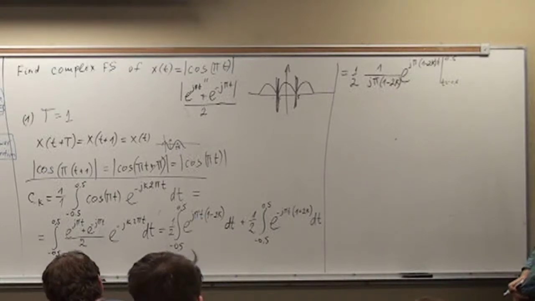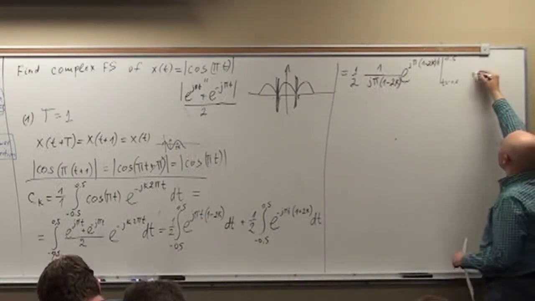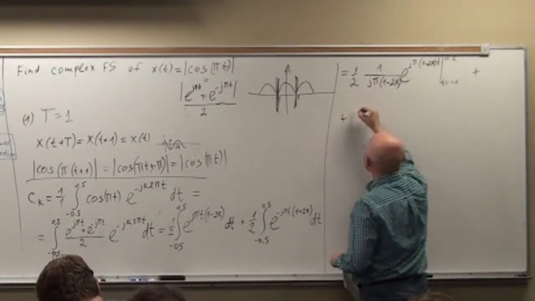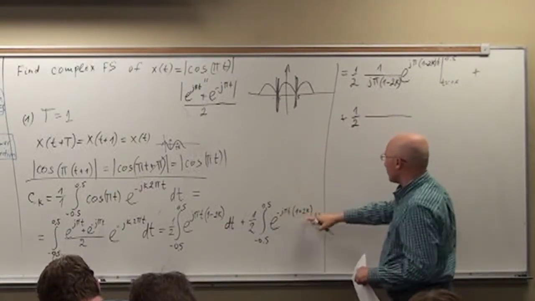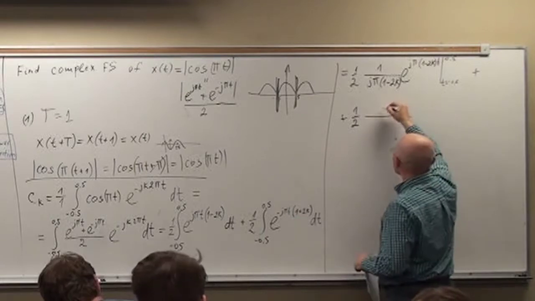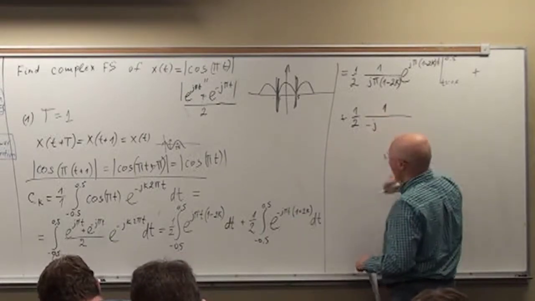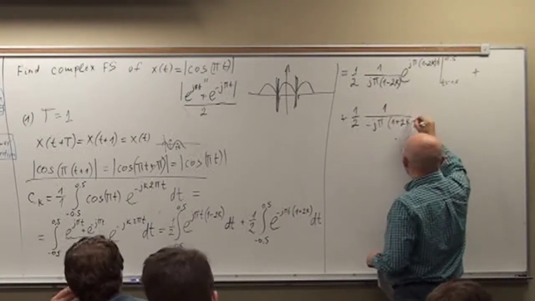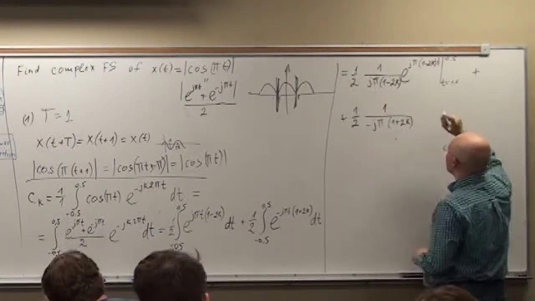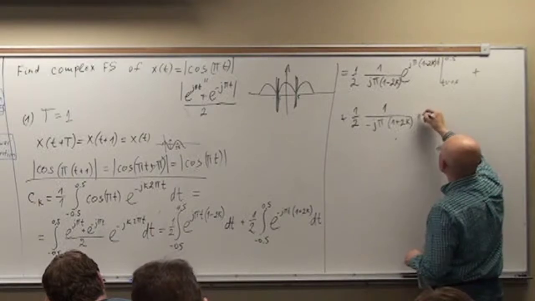Okay, that's how you compute that integral. Plus 1/2, and here I'm dividing by all of that part except t, which is 1 over minus j pi 1 plus 2k, and then you get the same exponent.